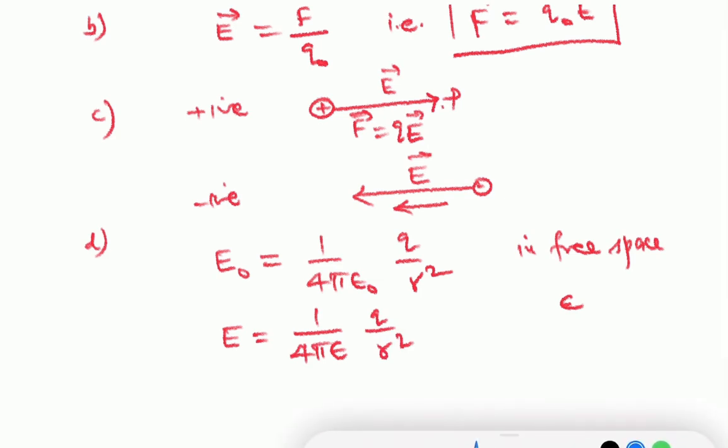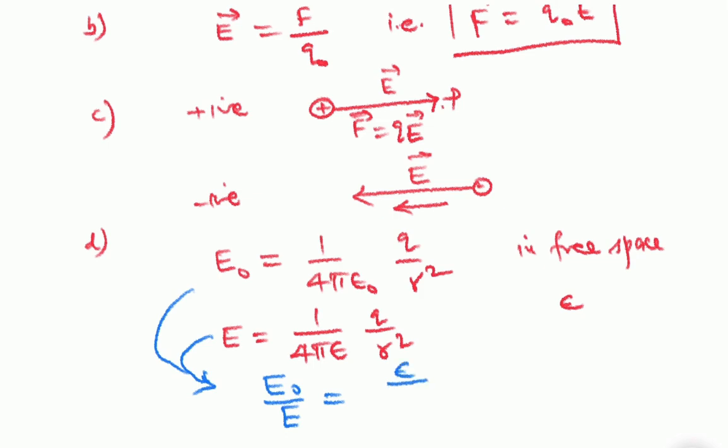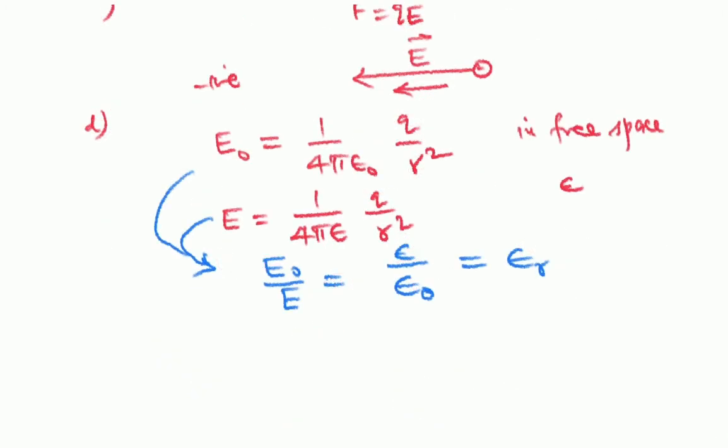This implies that E naught by E is equal to epsilon by epsilon naught, that is equal to relative permittivity. Thus, we see that by the presence of the dielectric medium, electric field decreases.